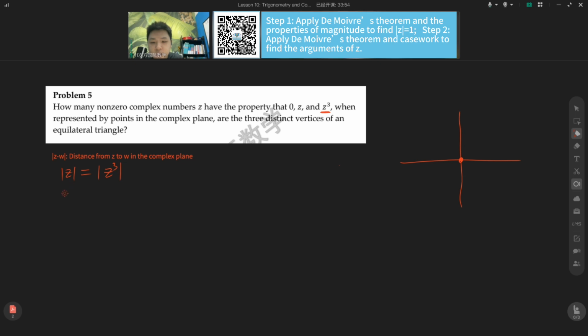And because this guy is equal to z cube, we know that z magnitude must be 1. So of course, both of these numbers must be on this circle.